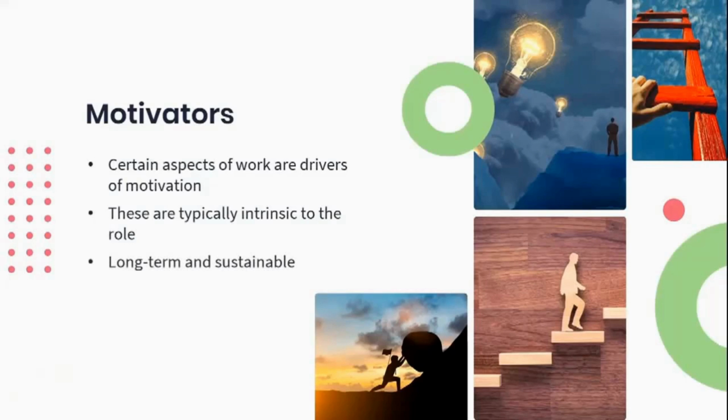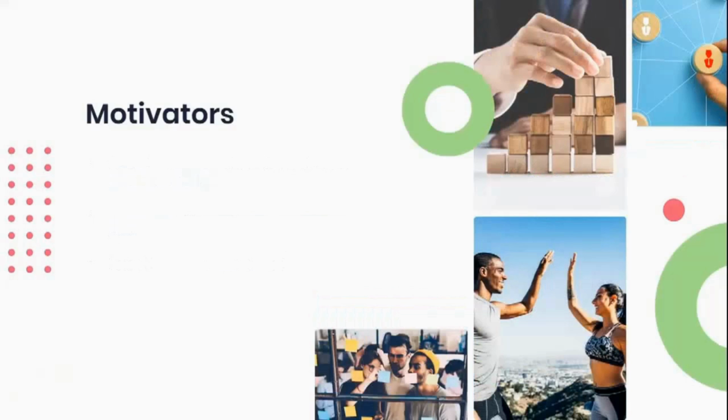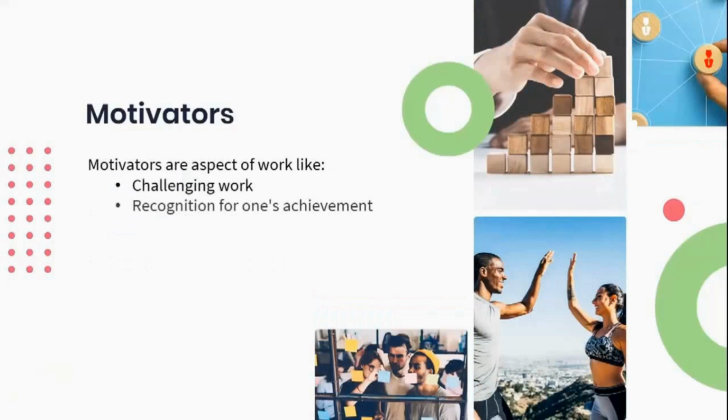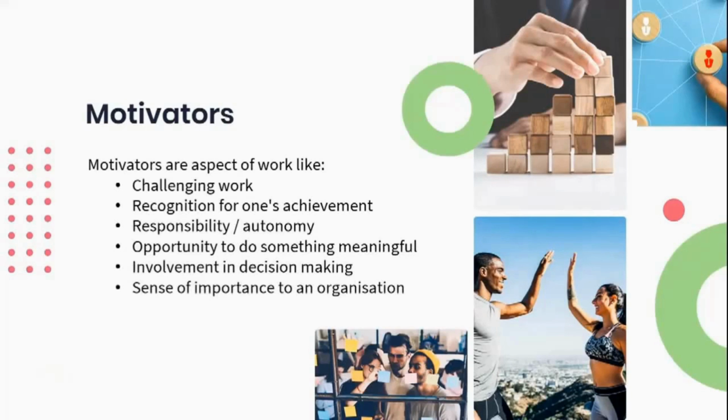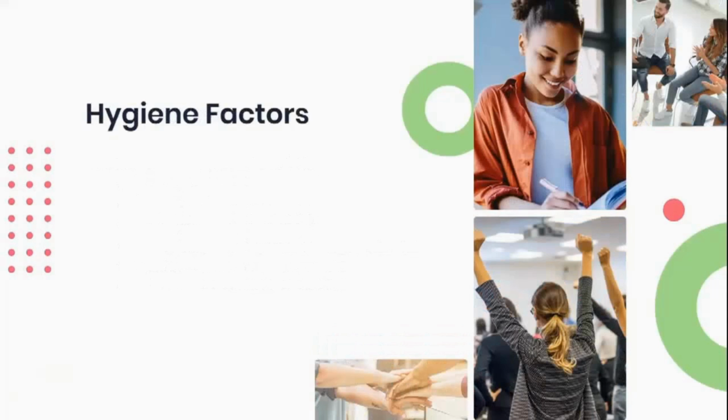They will last in the longer term. He identified motivators as things like doing challenging work, recognition for your achievement, being given some responsibility or autonomy in the job, having the opportunity to do something meaningful and being involved in decision-making, and a sense of importance to the organization. You can see that all those aspects come from internally within the job. They're not from the external environment.